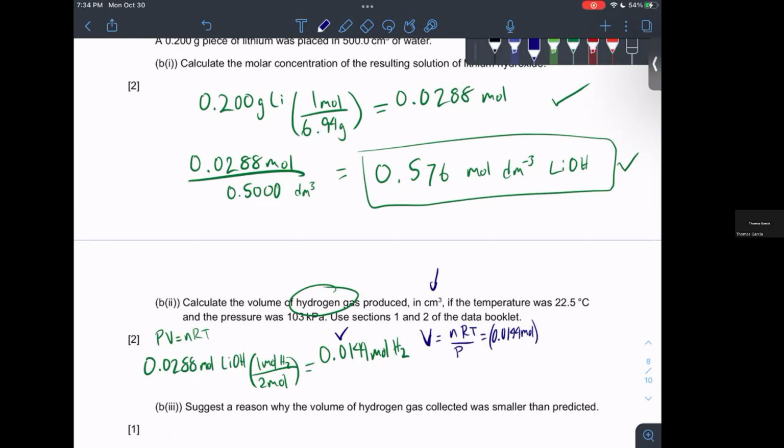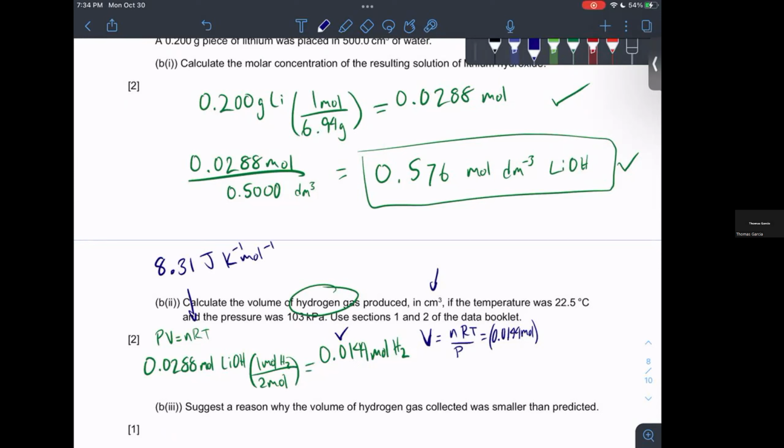Here's where it gets a little bit iffy. When you are doing these units, you need to make sure you're using the right R, because the wrong R changes everything. R, the gas constant, can be 8.31 joules Kelvin to the -1, mole to the -1.